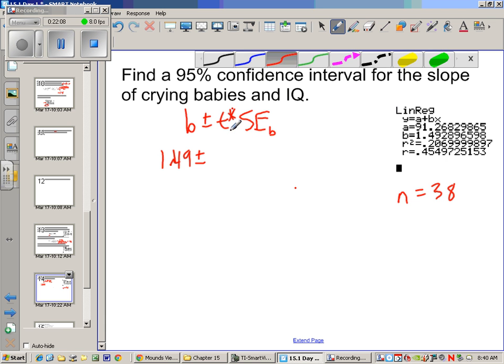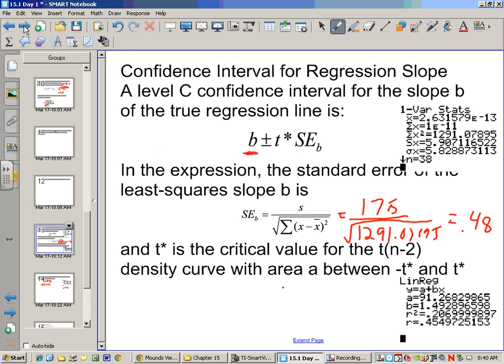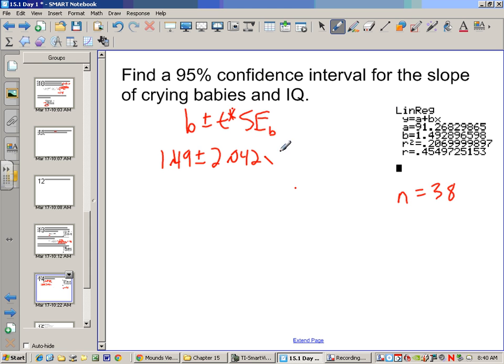All right, so on the table I got 2.042 as my t star, and my standard error from the previous problem was 0.48. So 1.49 plus or minus 2.042 times 0.48 is 0.98.